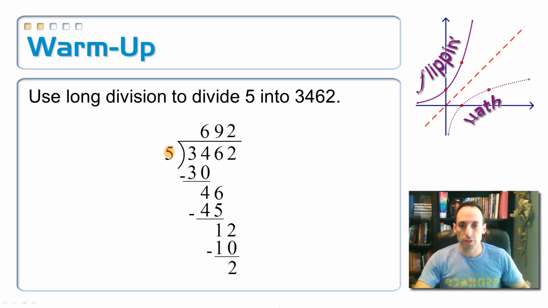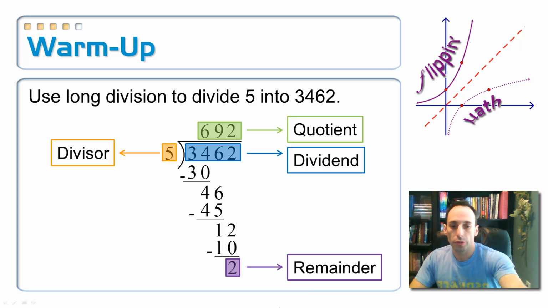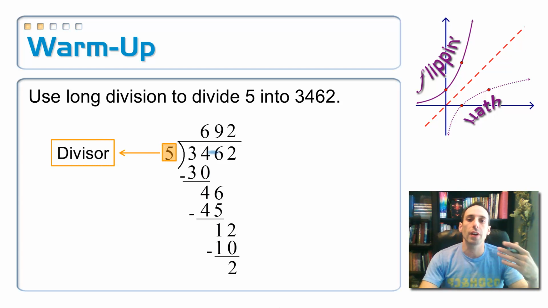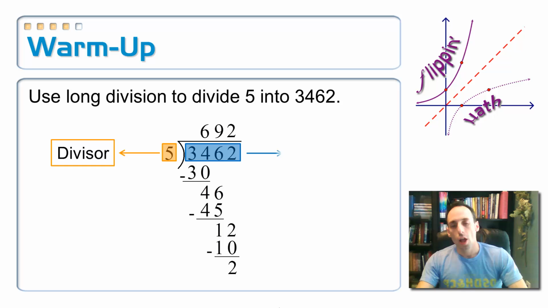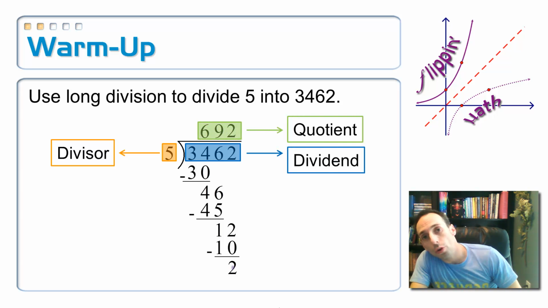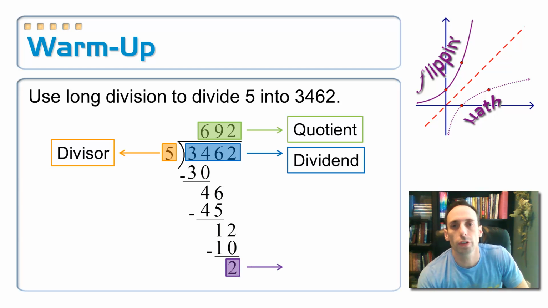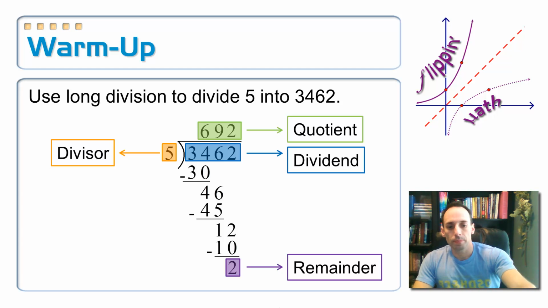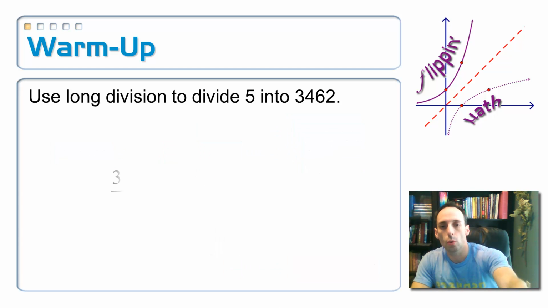Okay, so let me label some parts on this whole thing. Whoa, I'm getting ahead of myself. Okay, so what I'm dividing by is called the divisor. What I divide into is called the dividend. My answer is called the quotient, and then anything that's left over is the remainder. Okay, so here's what it looks like in terms of the long division. Here's what it looks like in a horizontal line.